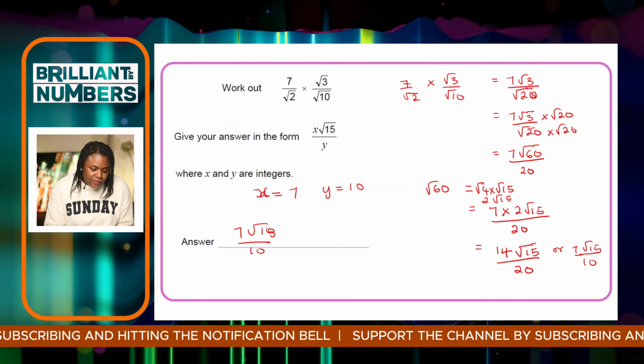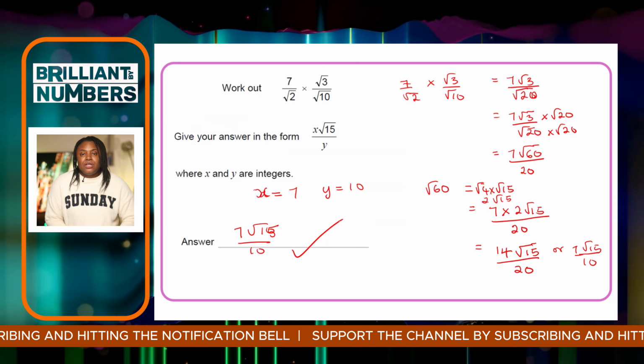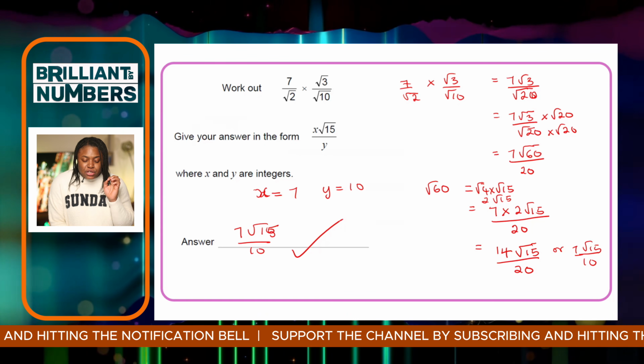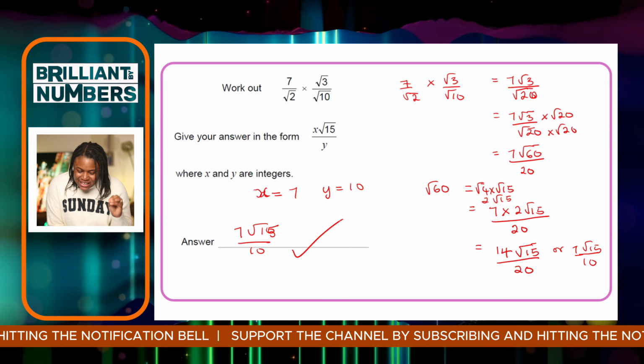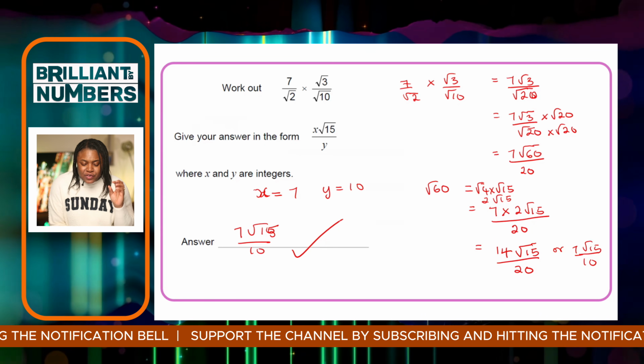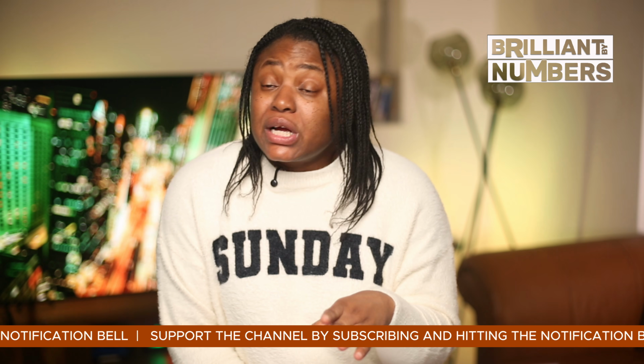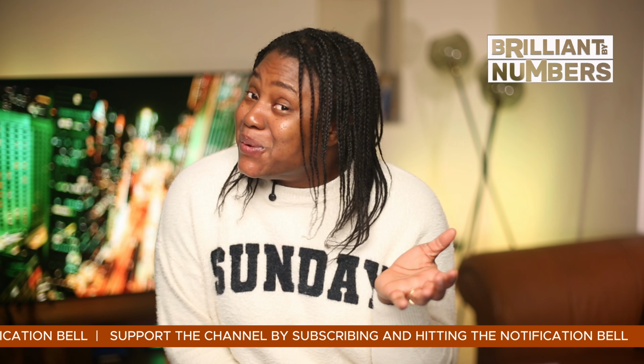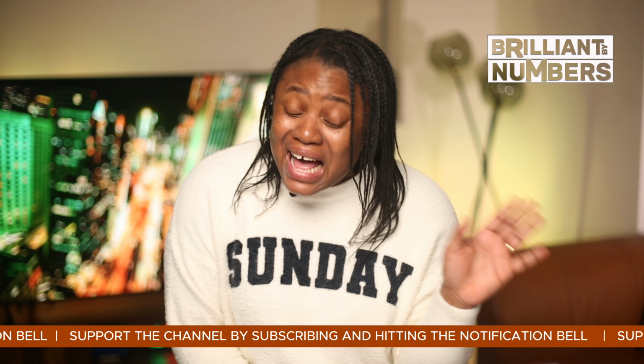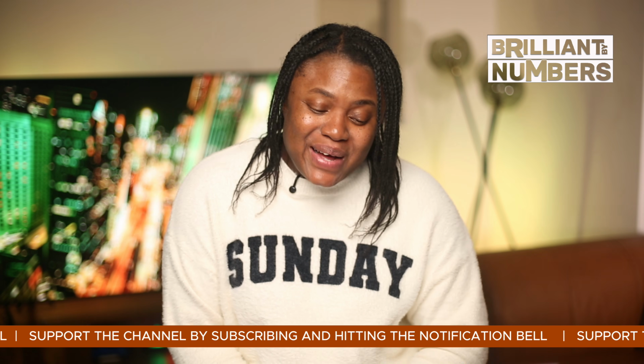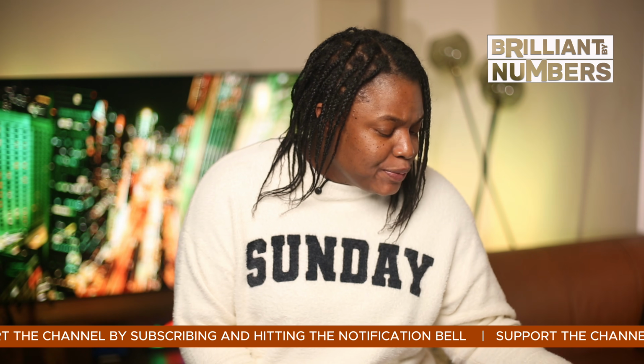So this is supposed to be 15. Beautiful. So that's our answer. Make sure you are specific. Your answer line is where you put 7 root 15 over 10. Somewhere in your working space, you let your examiner know how intelligent you are, that I know that x is 7 and y is 10. Absolutely brilliant.